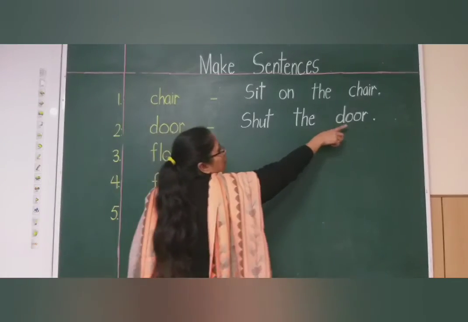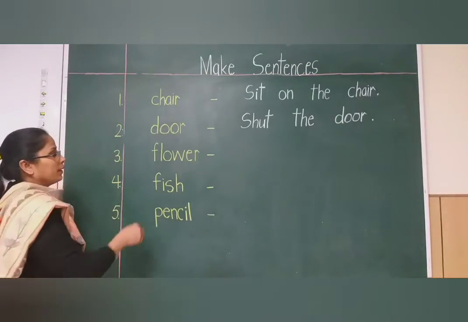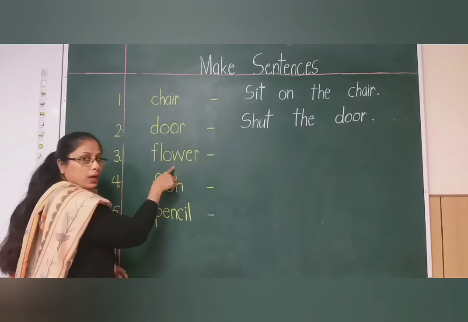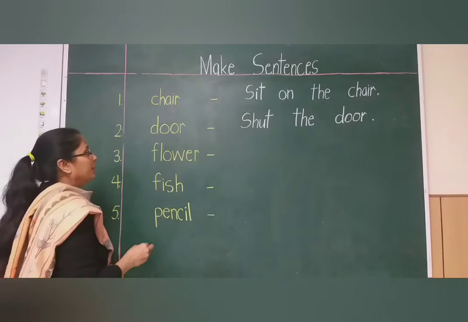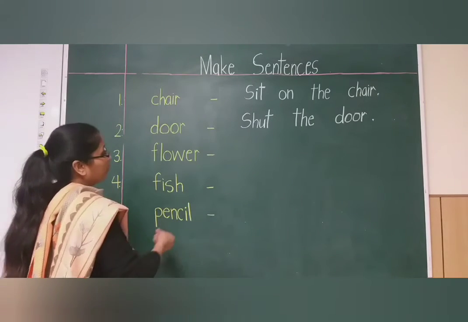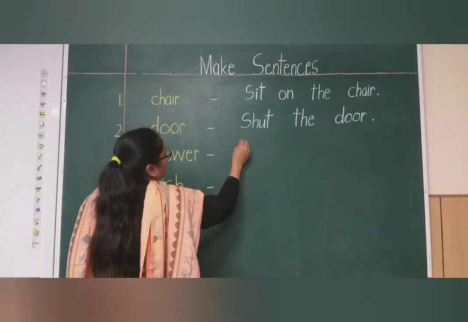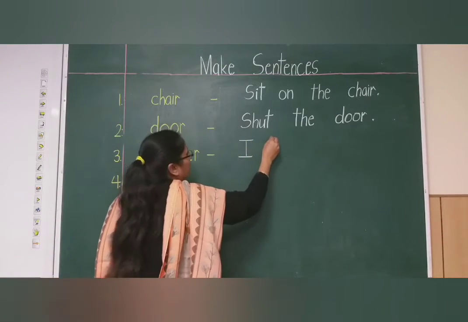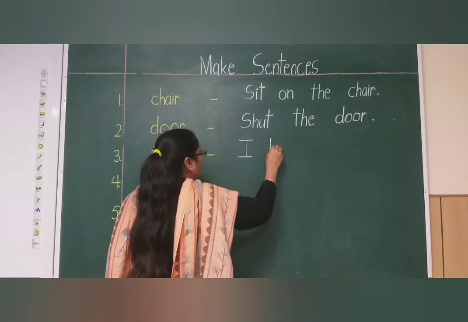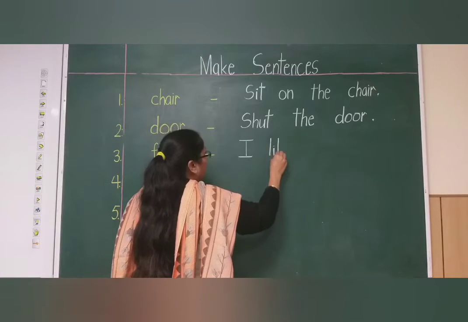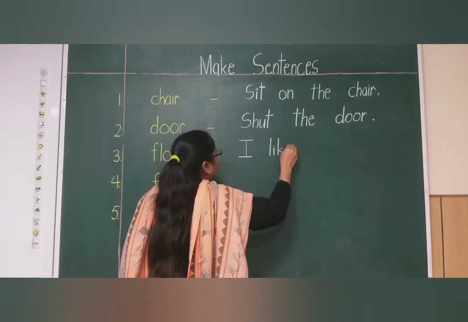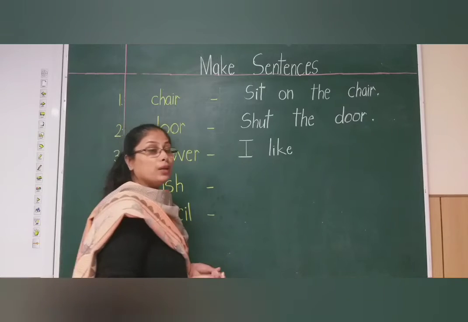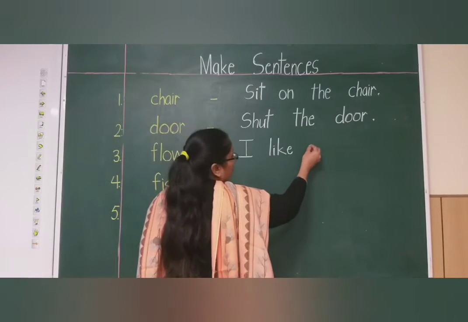Shut the door. And the next word we have given here is flower. You can make any sentence with the help of the given word. But I have written here: L-I-K-E, like. Which color flower do you like? You can write any color flower you like: red, blue, green, plum. There are so many colors in flowers. So you can write any color.